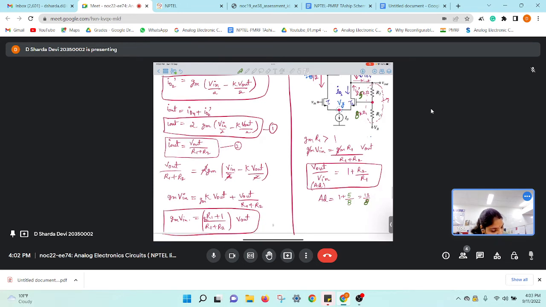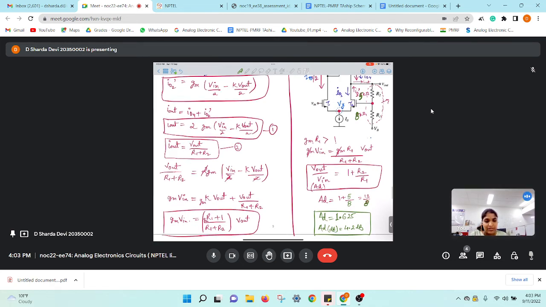So how much is the AD that we are getting? 1.625. And how much is it in dB? Because practically gain is reported in dBs. So 4.2 dB. So this is the final answer. Got it? Understood?